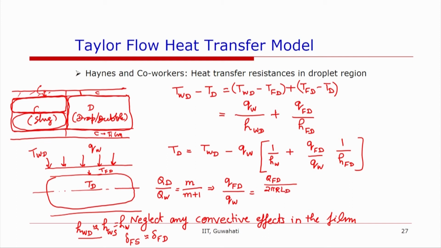Remember, we are approximating r is equal to r droplet, so we are neglecting the film thickness in this case, divided by QW over 2 pi, this is QW for the entire unit cell. So, that is why we have 2 pi r L UC.